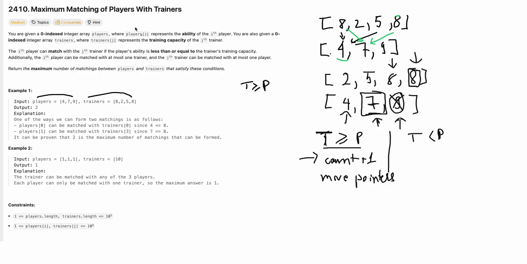Okay, so let's implement this using the algorithm. And what if the trainer is smaller than the player? Then of course, we just move the pointer for the player, right? We move this here.